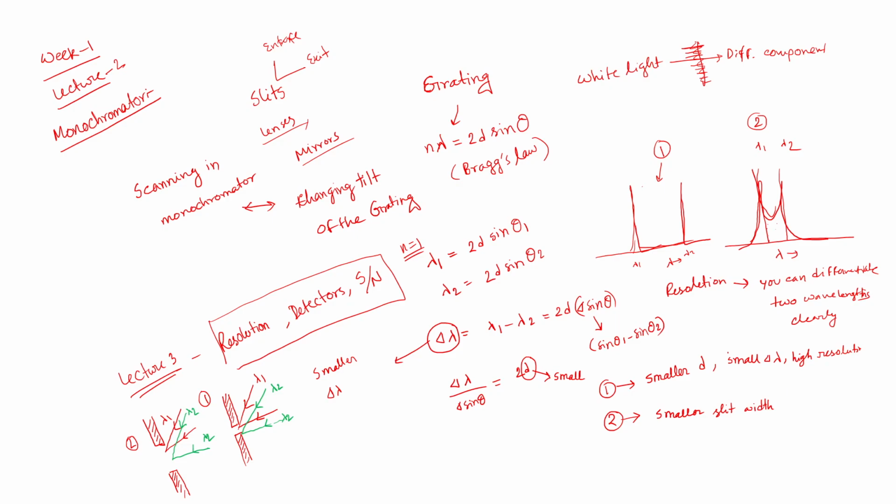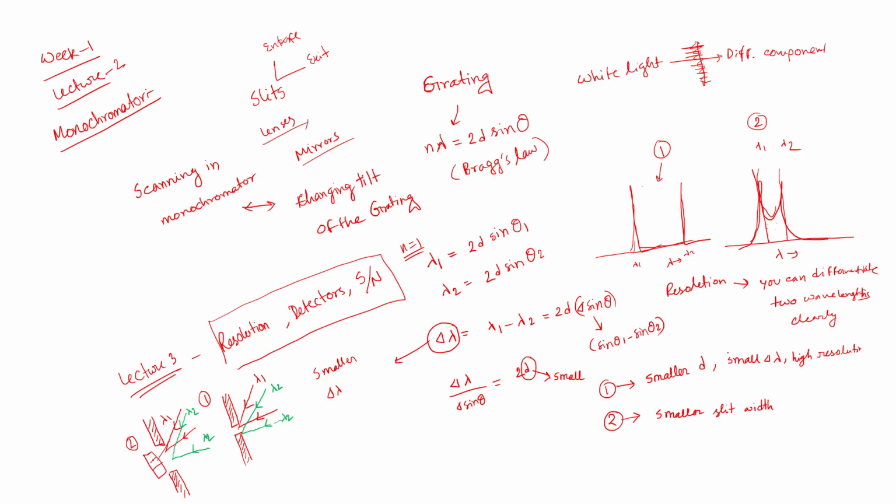For array detectors, you can have a higher slit width, since there are multiple detection points. Lambda 1 will fall into one and lambda 2 will fall into another.